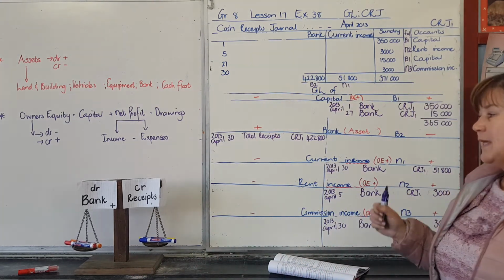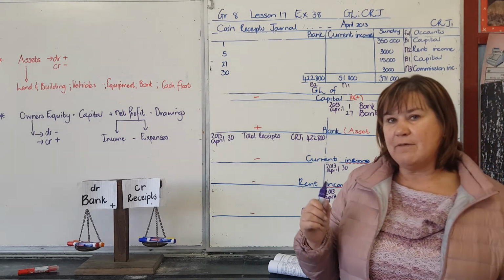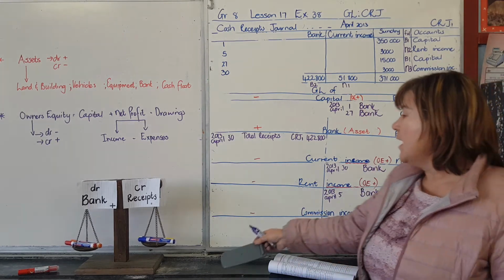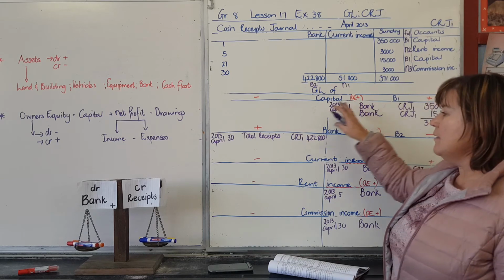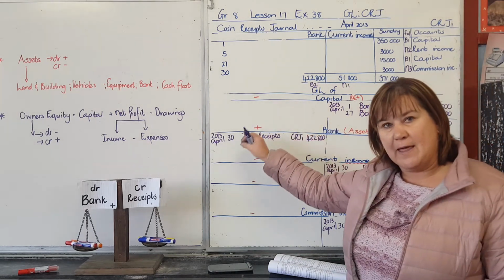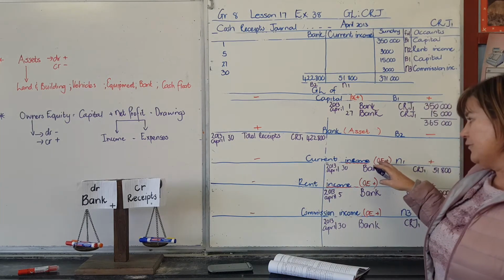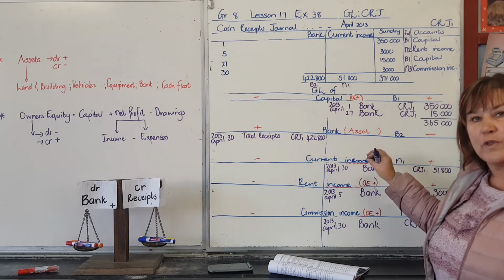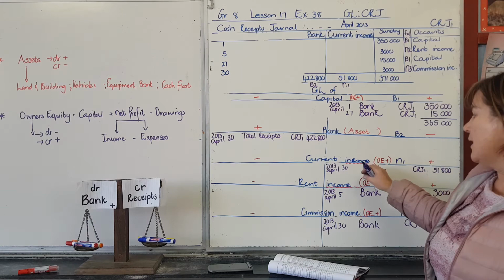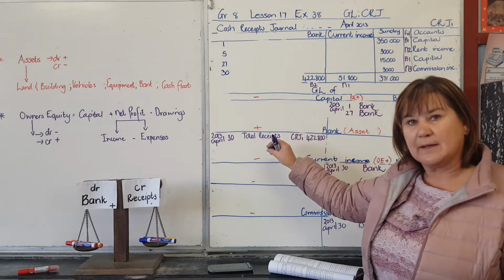Alright, so please remember for each debit you have a credit. So every time the amount for capital, what did we do? We paid that into the business bank account. The money that we received from our clients for the service that we've rendered, that amount was paid into our bank account.